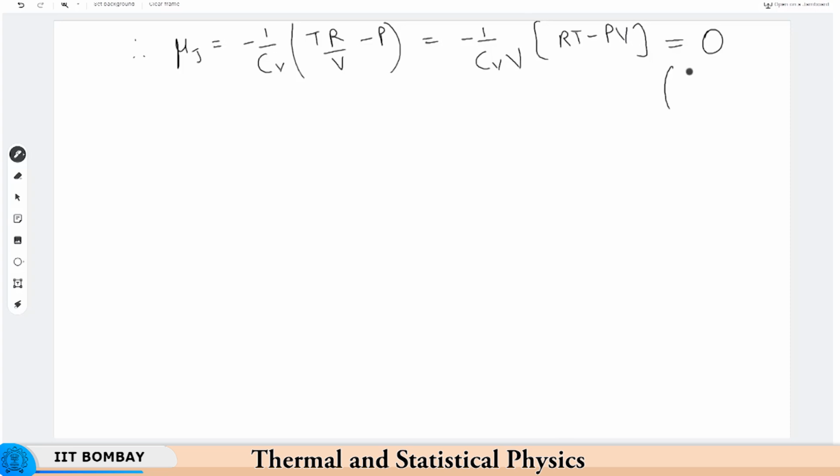So, this is 0 for an ideal gas. So, this relation indeed gives us 0 for the Joule expansion in the case of an ideal gas.